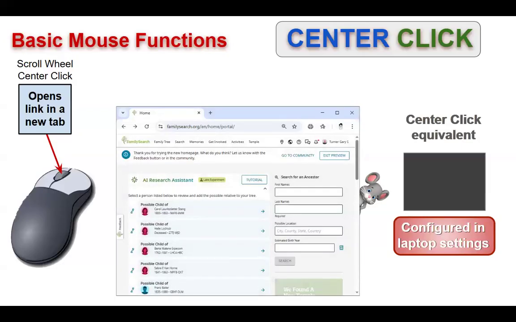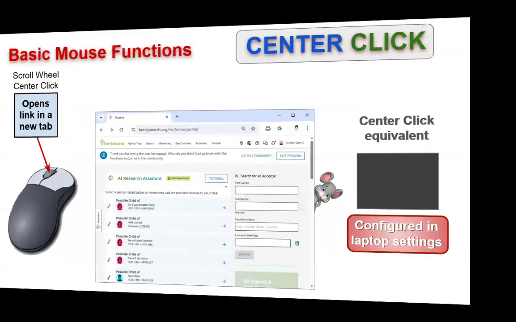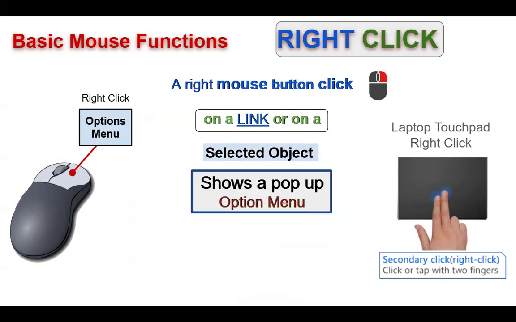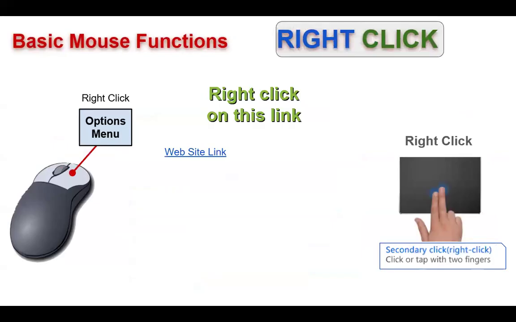Now, if it's not working, the next function is the right click. If you right click on your mouse, it brings up an options menu, and you can right click on a link or on selected text, and it pops up an options menu. I'll show you how that works. Okay, so here's a link.